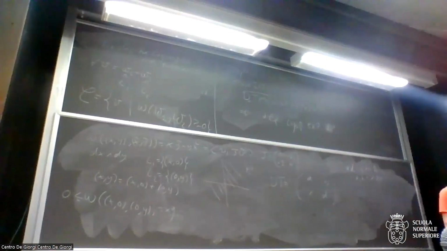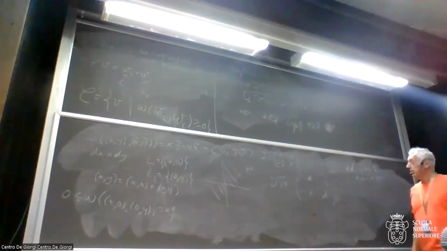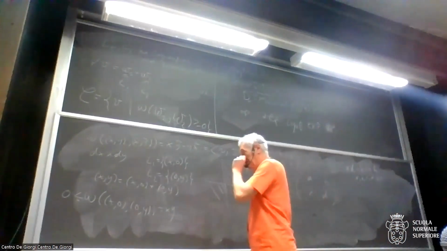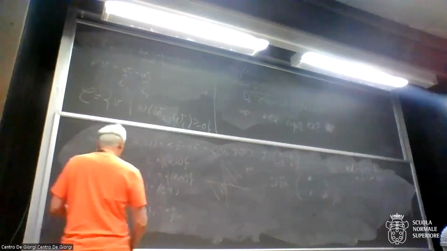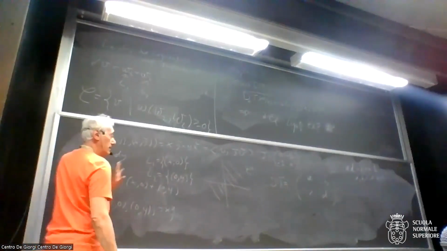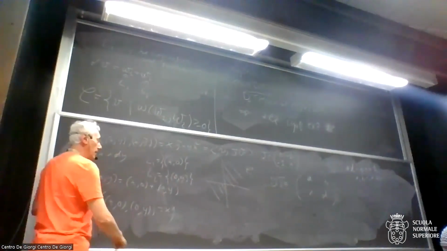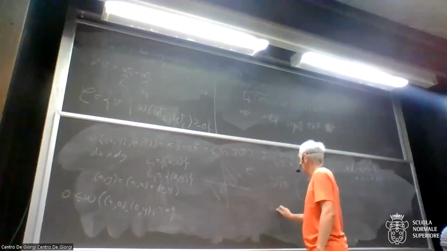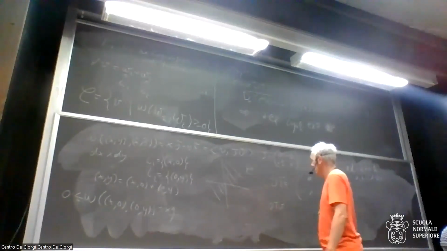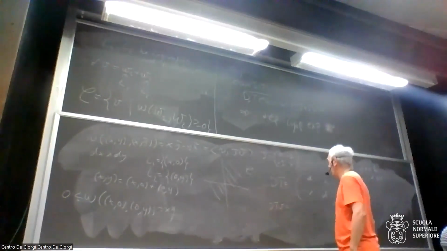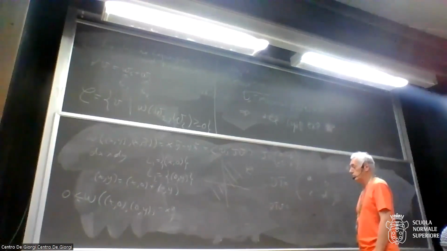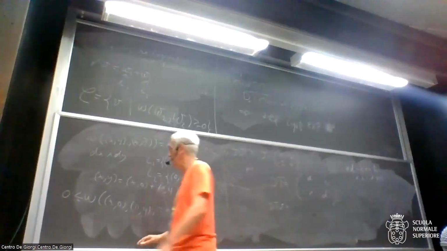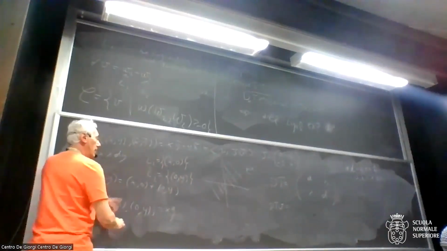Okay, and now, being strictly inside simply means that if I take a vector v, when is it that a vector is strictly inside the cone?